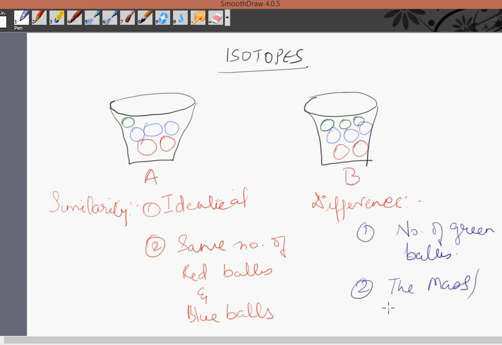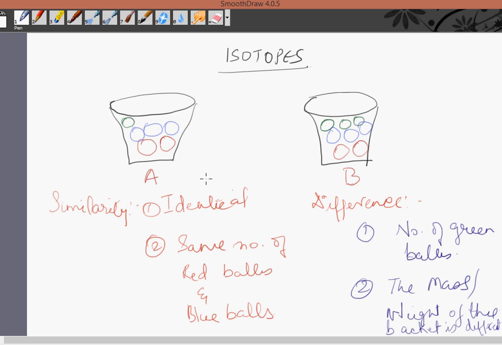So therefore the mass, or you can call it weight, of the basket is different, right? So here you can see both have the identical shape and size of this basket.